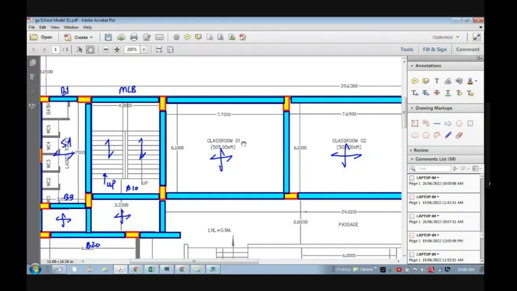So let's say the classroom size is 9 meter by 9 meter. So can you design a 9 meter by 9 meter RCC slab? Hello? Let's say it is 9 meter by 9 meter.